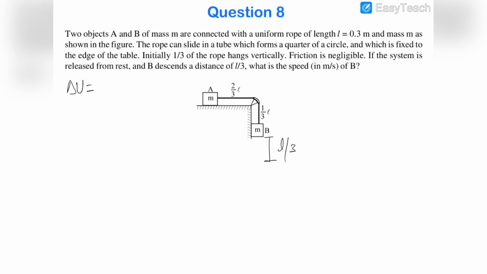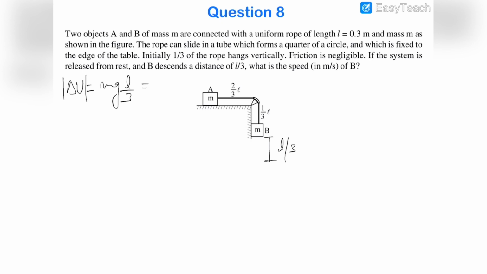So delta U is mgL by 3. I am just calculating the magnitude. I know that the potential energy is decreased, but I am just calculating the magnitude.